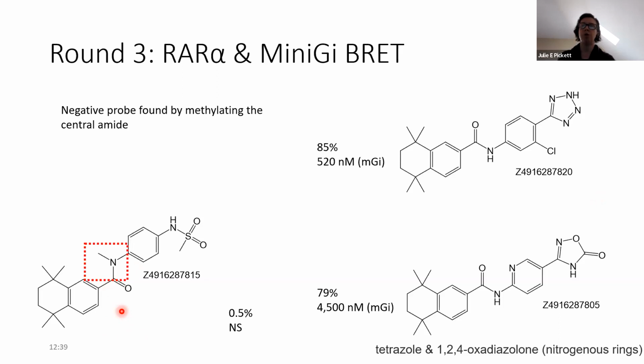And this isn't too surprising that methylating this amide could greatly impact activity, given that we saw how important that amide was early on in AM80 versus AM580. Okay, so we've got a negative probe.